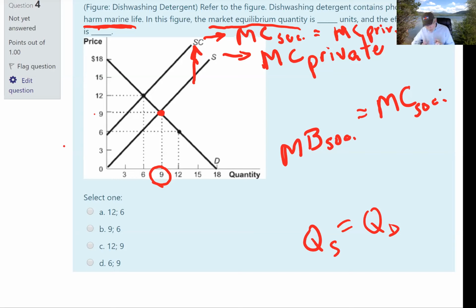So again, for the market equilibrium, just look at the intersection of supply and demand. But for the efficient quantity, you're not going to use the supply curve because it doesn't take into account the externality. You're going to use the marginal social cost curve.